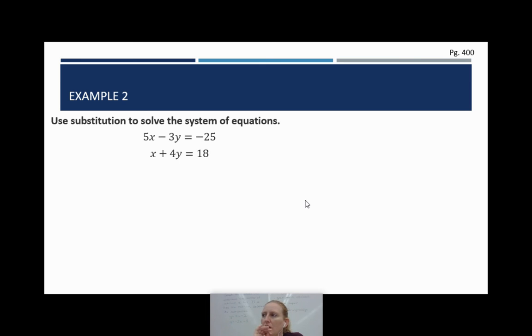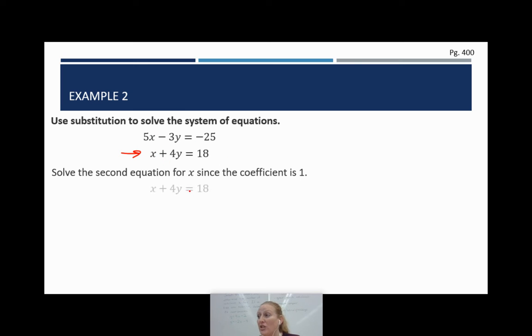Okay. So the issue here is I don't see x equals or y equals, right? We don't have an isolated variable. But I'm looking at this second equation because I notice that my x has a coefficient of 1. We don't usually write the 1 there, but I could put a 1 there if I wanted to. What this says to me is that this equation is going to be really easy to get the x alone.